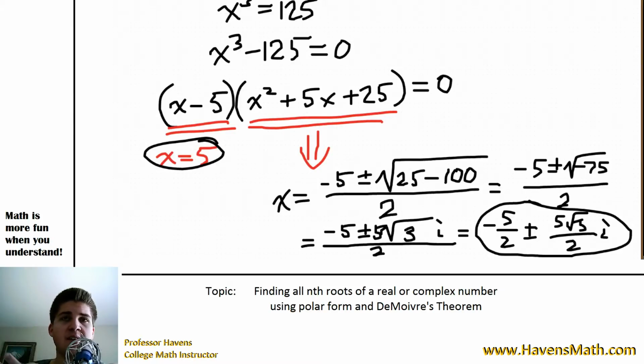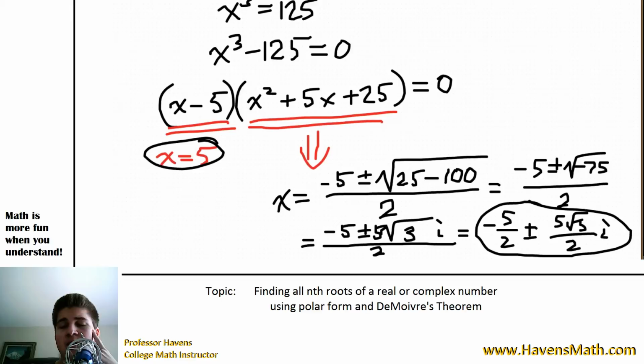Very easy, very fast. The 2 cis 0 is equal to 2, 2 cis 180 is equal to negative 2, 2 cis 90 is just 2i, and 2 cis 270 is just minus 2i. So you get, again, evenly spaced roots.